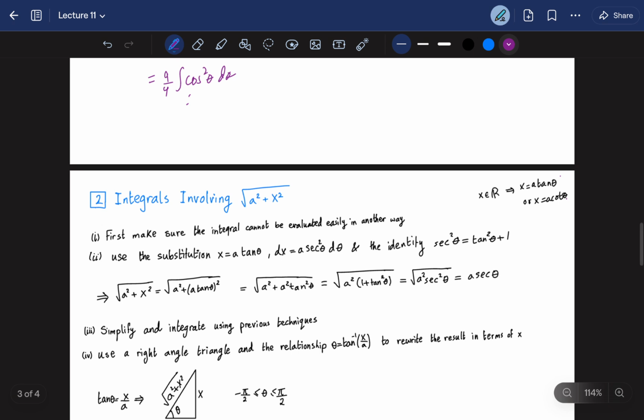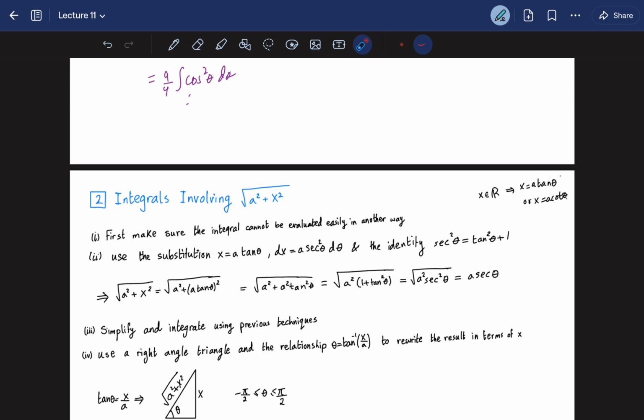Again, before integrating, double check that you can't use a regular u substitution or a quicker way to evaluate it. If you can't, go straight to the trig substitution. So when you have a plus sign here, you're going to need a tan of theta, and we're going to need this identity.